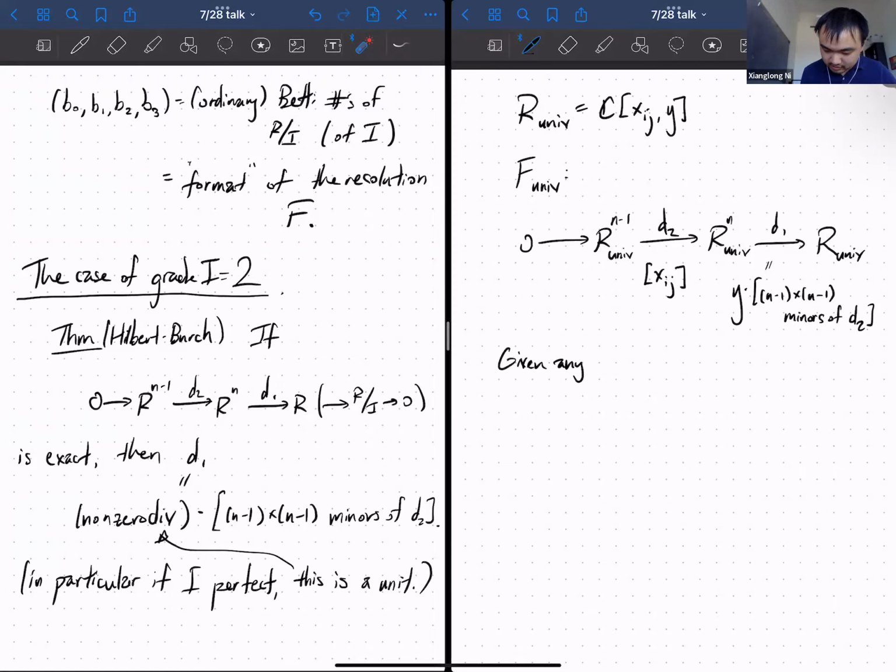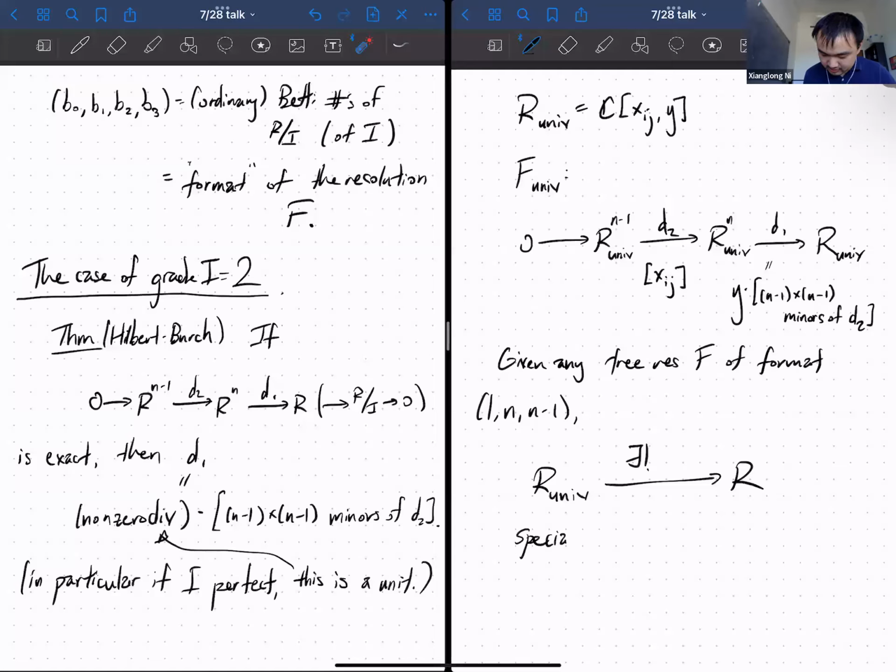With this setup, the statement of Hilbert-Burch is that given any free resolution of format 1, n, n-1, there exists a unique map from R universal to R, specializing this F universal to F. What's also true is that this F universal is itself exact, so it is legitimate to call it the universal example.